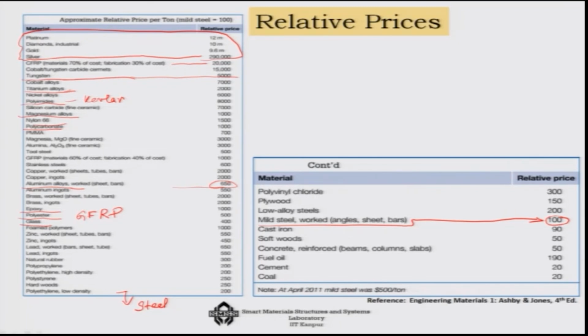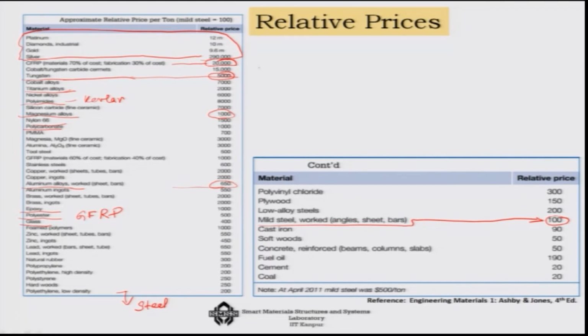And similarly, from aluminum, let us say if you want to jump to something like magnesium alloys, this is about 1000 units. So, this is 10 times more expensive than steel. If you want to go for something like tungsten or super alloys, 5000. So, it is like 50 times more expensive. If you want to go for something like CFRPs, then it is 20,000.